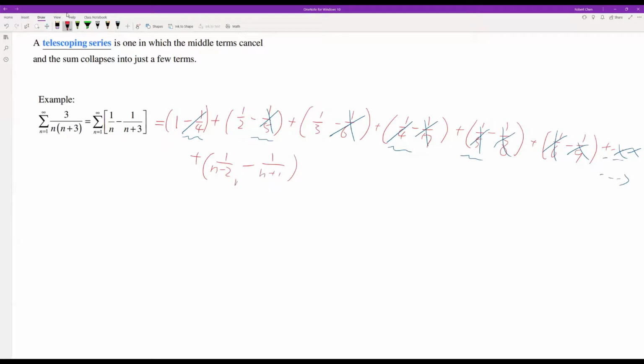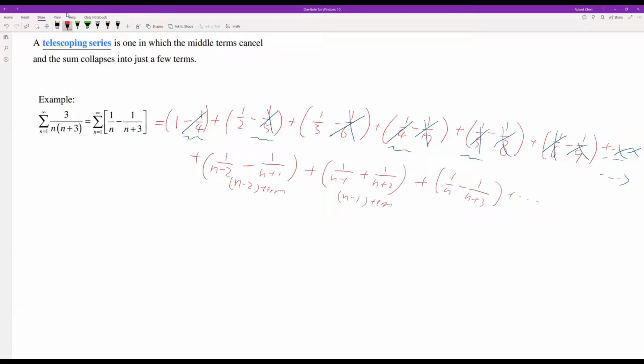Right, that's the n minus second term, plus 1 over n minus 1 minus 1 over n plus 2. That's the n minus 1 term, plus 1 over n minus 1 over n plus 3, and so on, right?